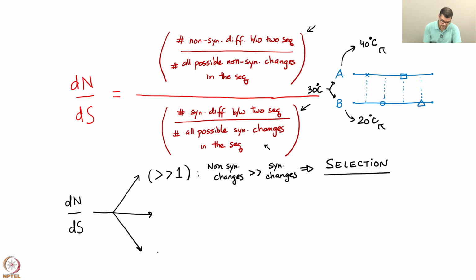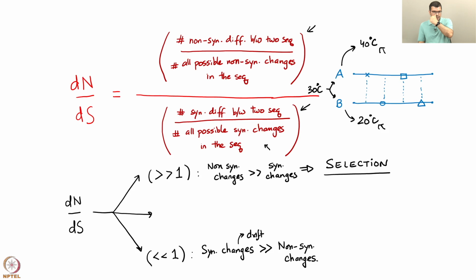On the other hand, if dN by dS is much less than 1, what that tells us is that synonymous changes are far more frequent, again when corrected for the propensity of the sequence, than non-synonymous changes. And remember, synonymous changes are being driven by drift alone.